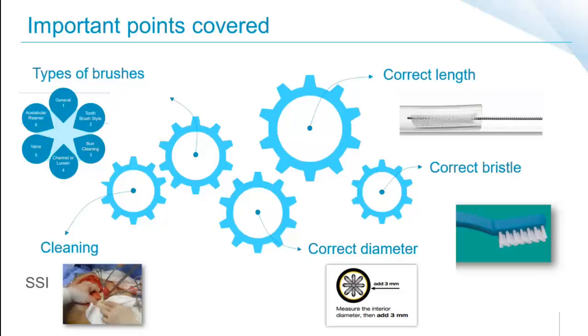We've spoken about having the correct length of brush, adding 5 centimeters. We've spoken about the correct bristle type, making sure that it's not going to damage, yet effectively clean, and then having the correct diameter of brush, so that we have good friction and good contact.